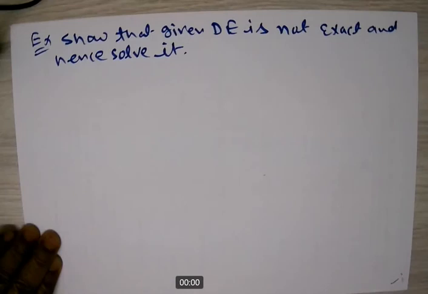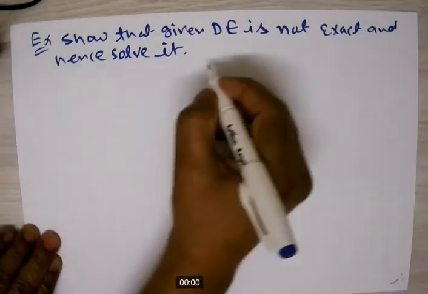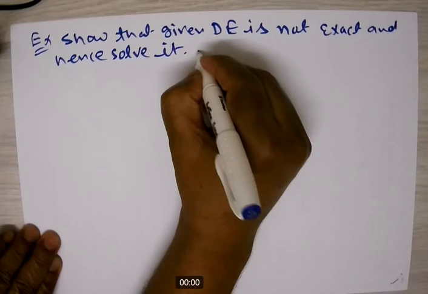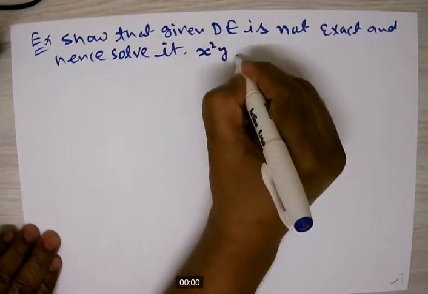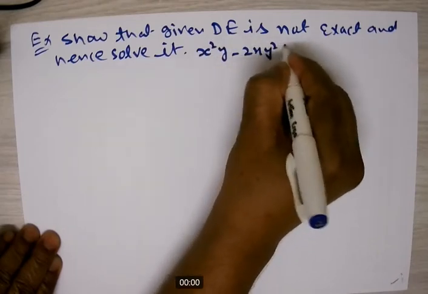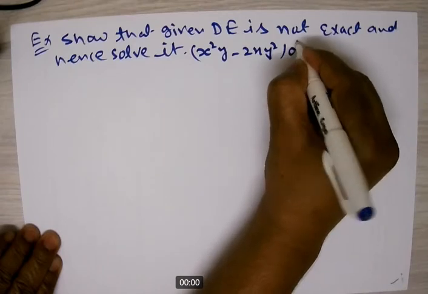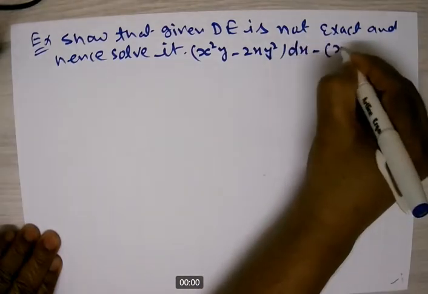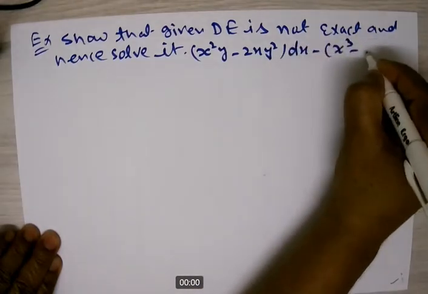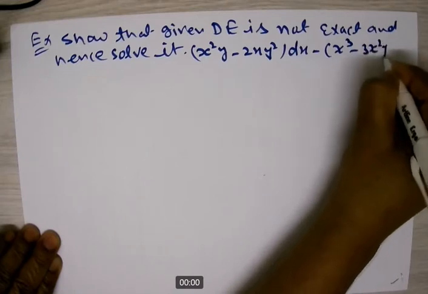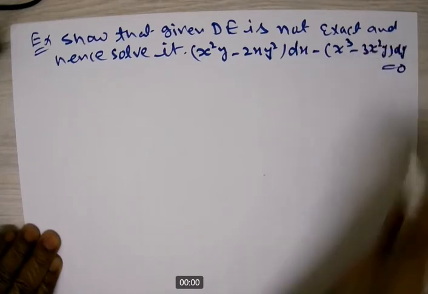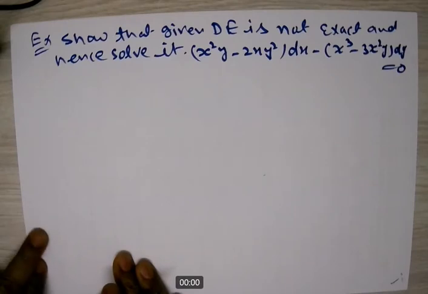If it is not exact, how can we reduce this non-exact differential equation to exact form? The example is (x square y minus 2xy square) dx minus (x power 3 minus 3x square y) dy equal to 0. This is the given differential equation.